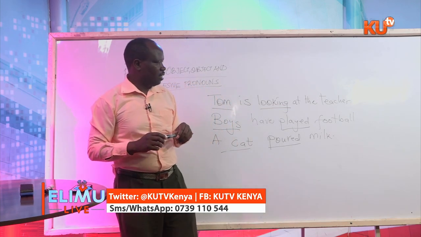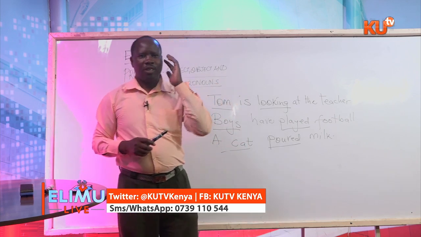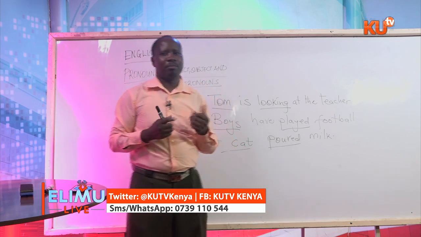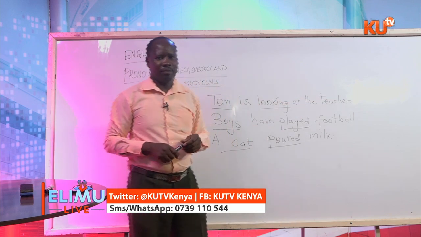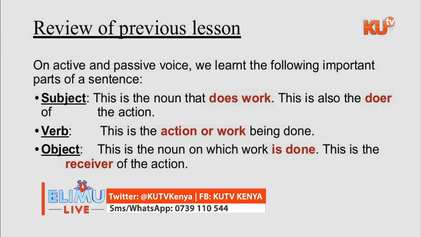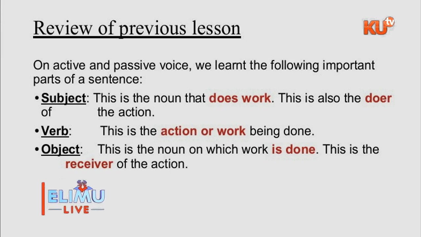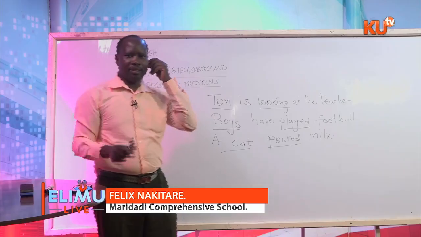And we said object is the noun on which work is being done, or the receiver of the action. That is our object. So object is the receiver of the action.